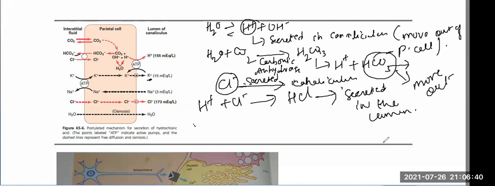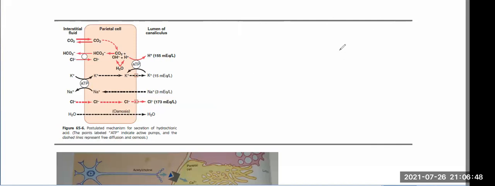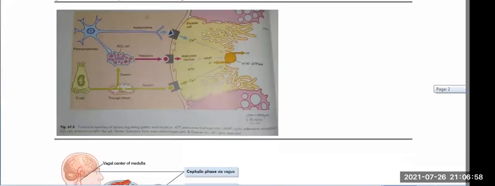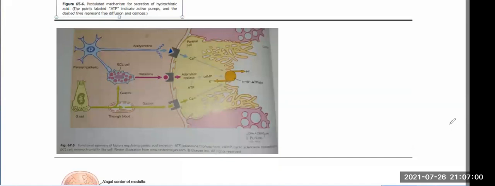Now let's quickly look into the regulation of gastric secretions. I already gave you a hint of regulation of gastric secretions. I'll just quickly show you a diagram and note down some important points.